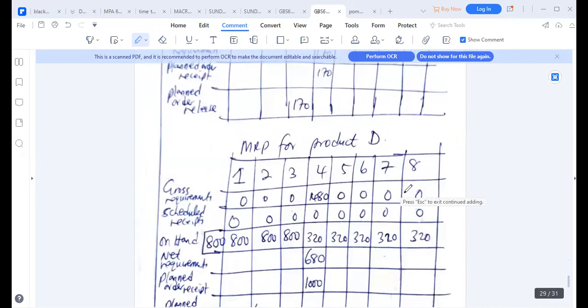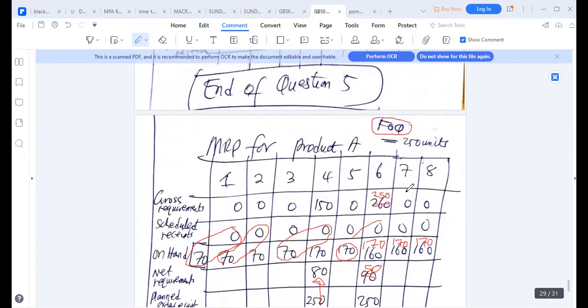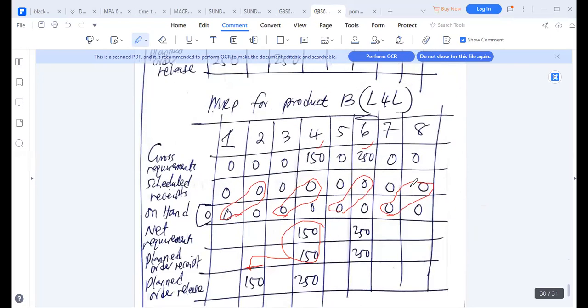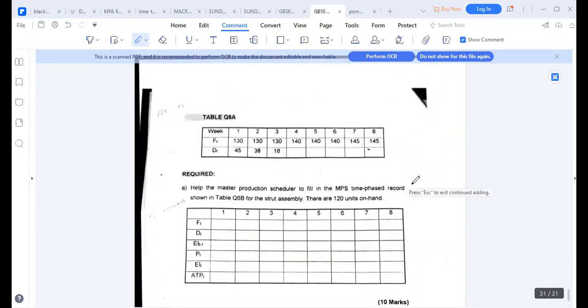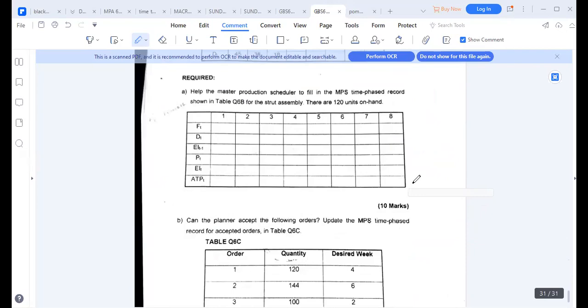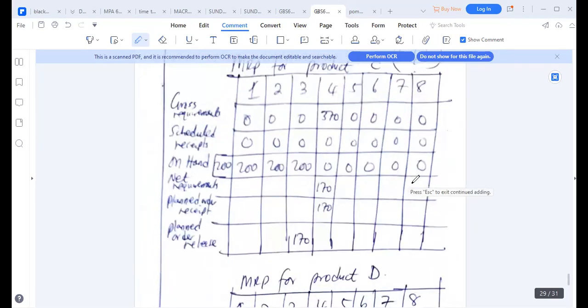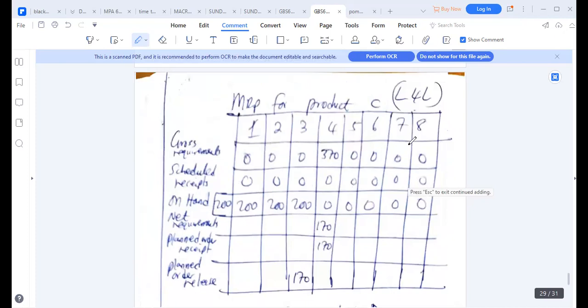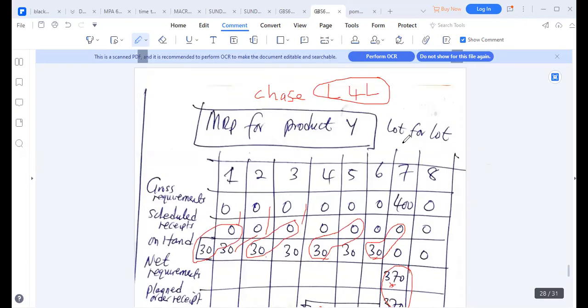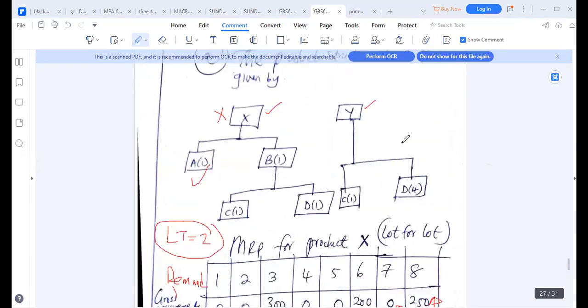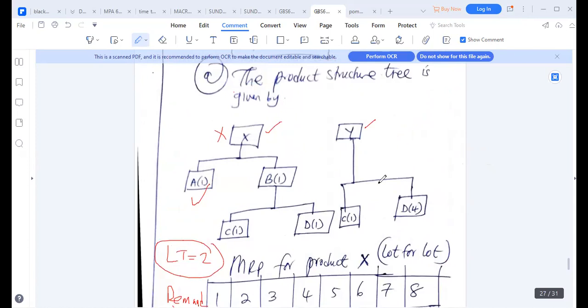So we are going to go to MRP for product C. MRP for product C, you check where the C is coming from. So C is coming from 2 products.